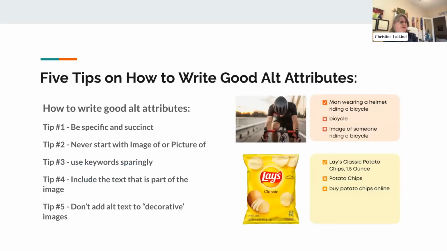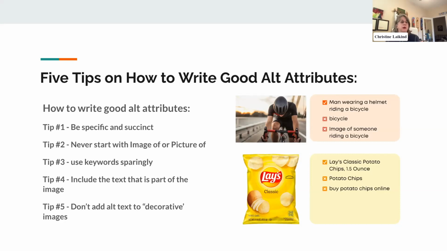So here's some quick 5 tips on how to write a good image description. Be specific and distinct, never start with image of or picture of. Use keywords sparingly. For the love of God, don't overstuff it with keywords. Include the text that is part of the image, and don't add alt text to decorative images.